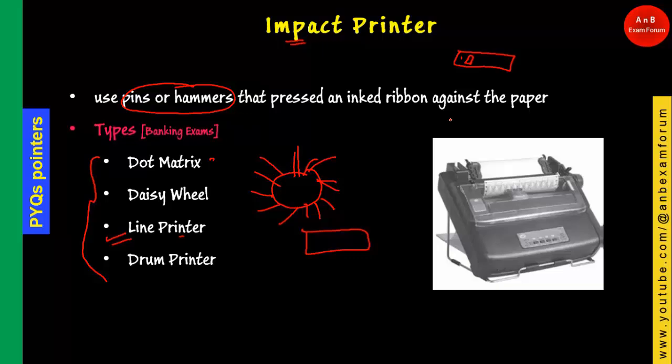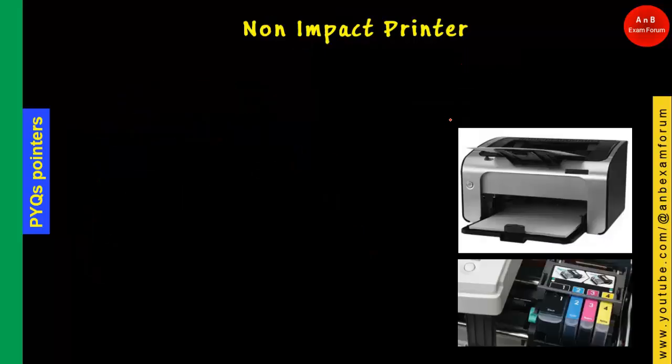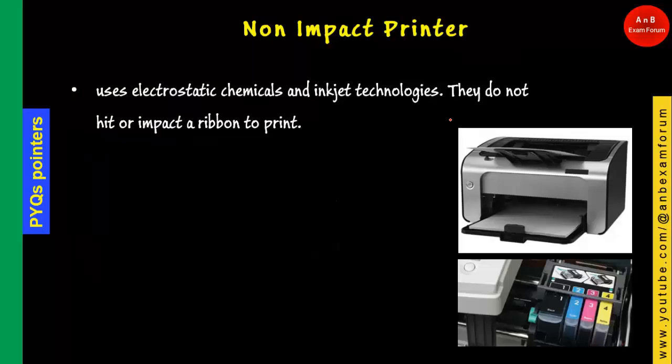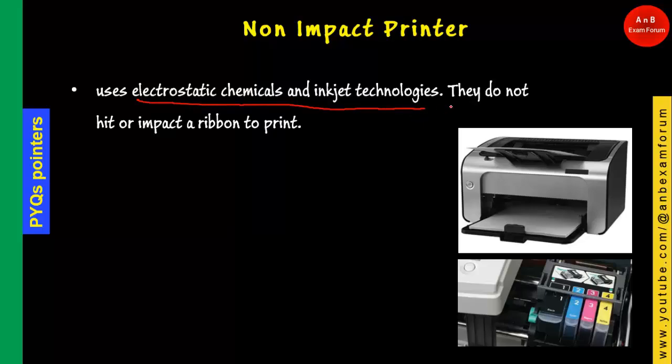Okay, let's see the non-impact printer. Instead of impact printer, nowadays non-impact printers are very popular, and these printers use electrostatic, chemical and inkjet technologies. In other words, they do not hit or impact the ribbon to print.